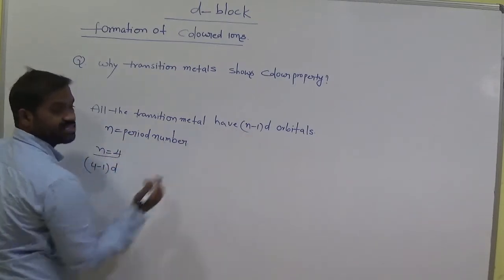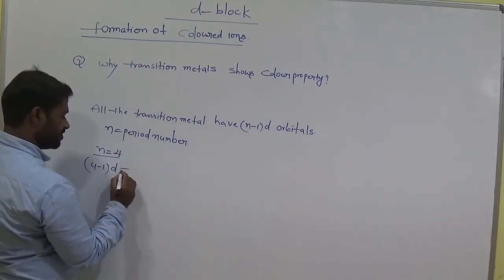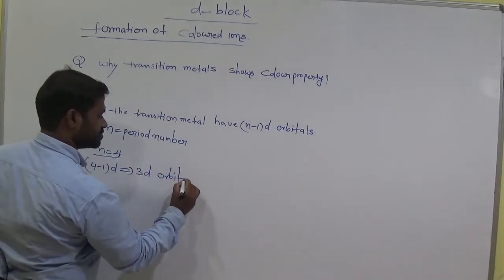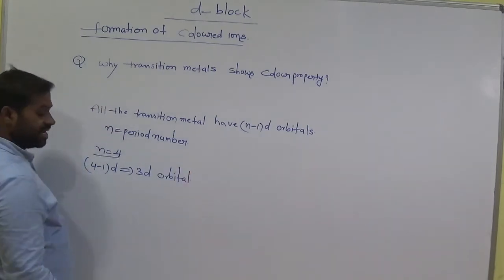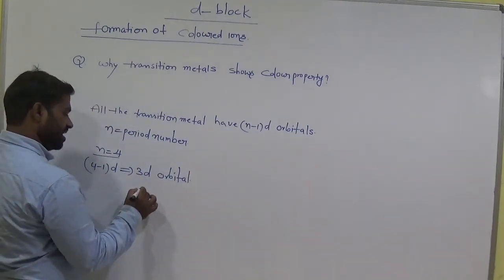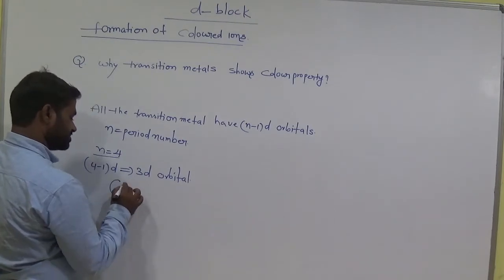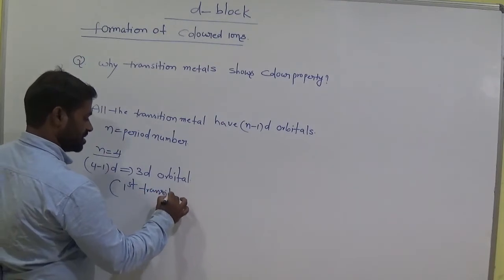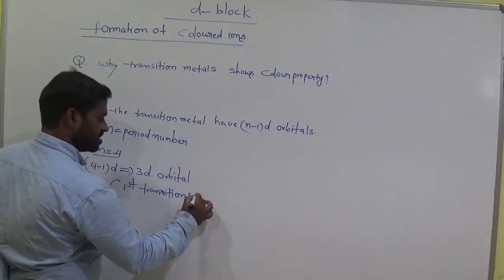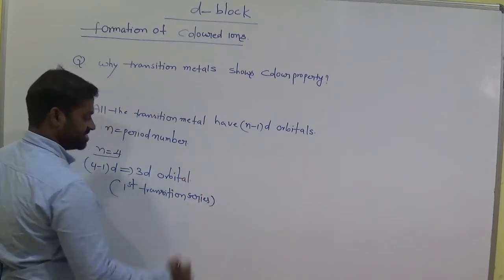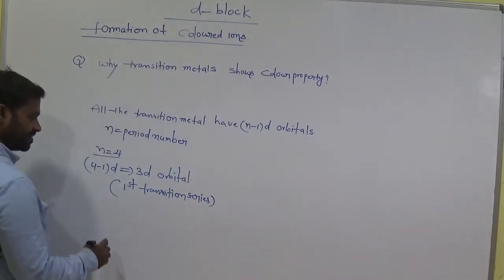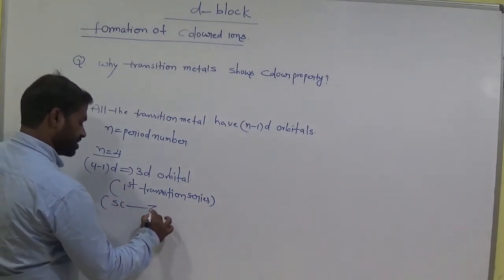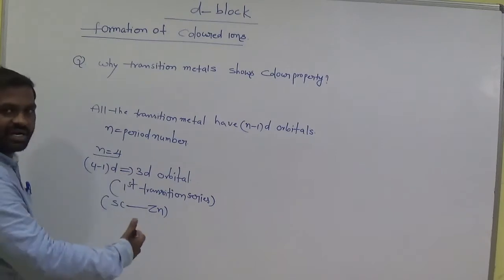Keep the n value in this. 4 minus 1 gives the 3d orbital, which is clearly the first transition series, from scandium to zinc, then 4d, 5d.